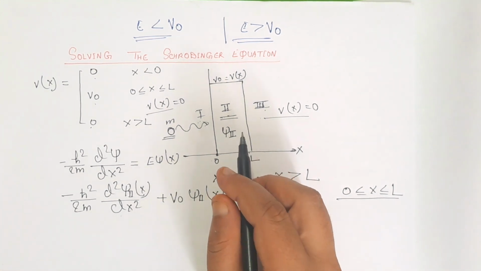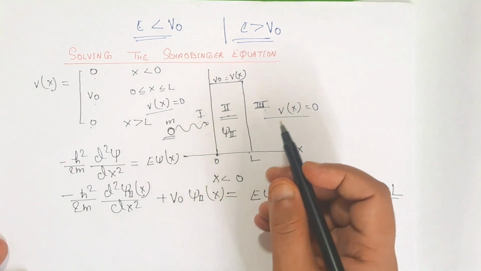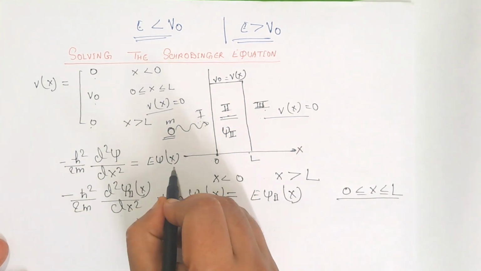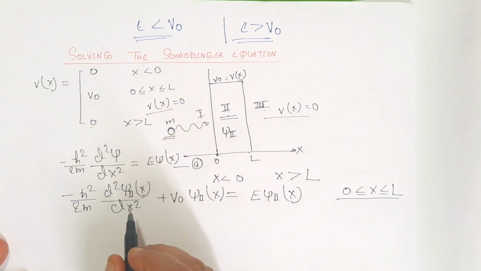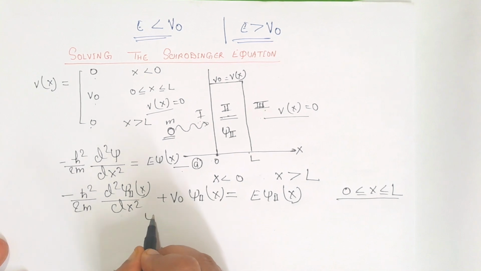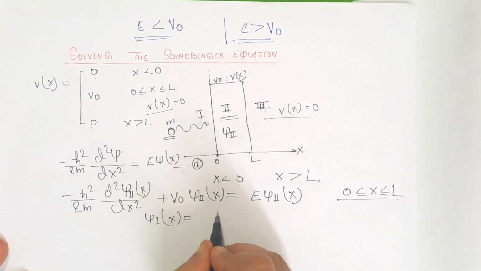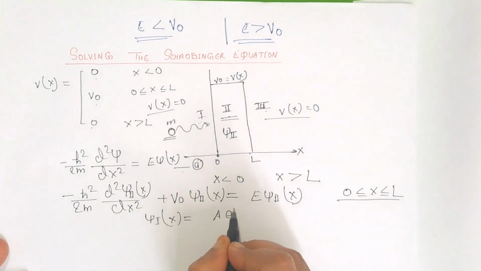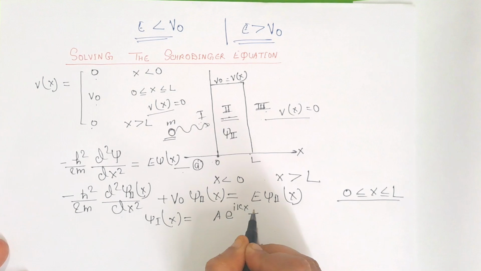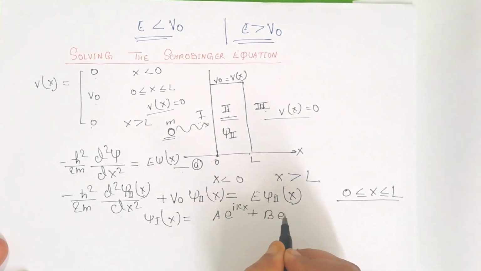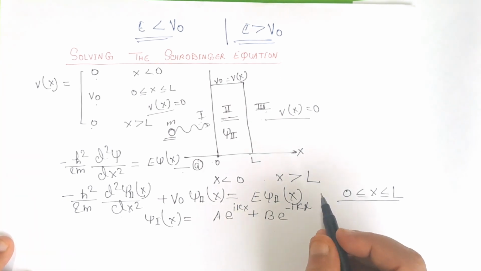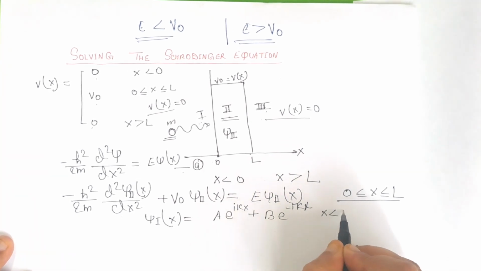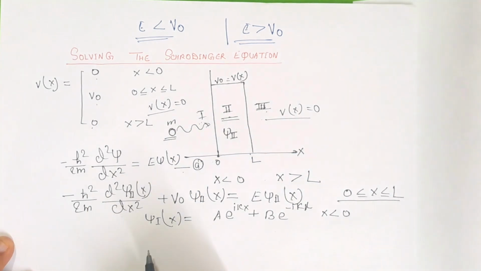Now the solution of the Schrodinger equation will be, psi 1(x) is equal to a e to the power i k x plus b e to the power minus i k x. This is for region 1 where x is smaller than 0.